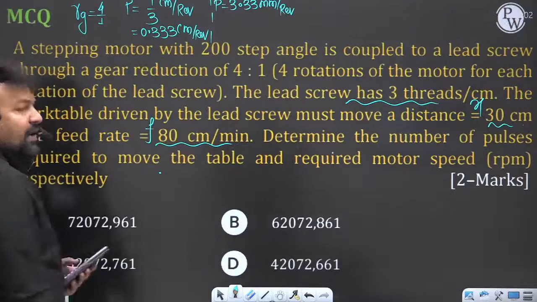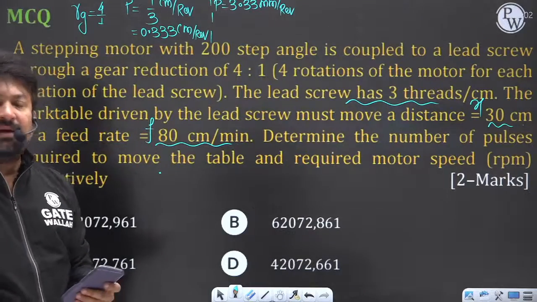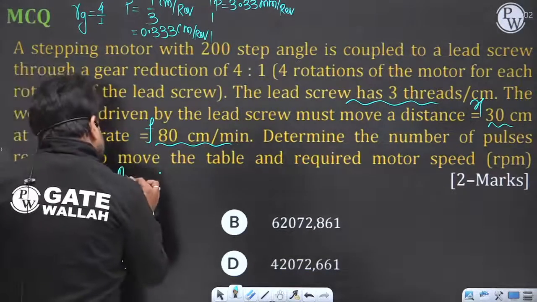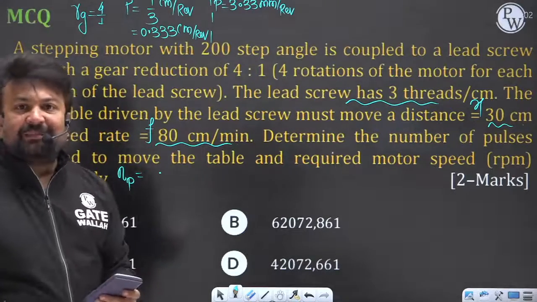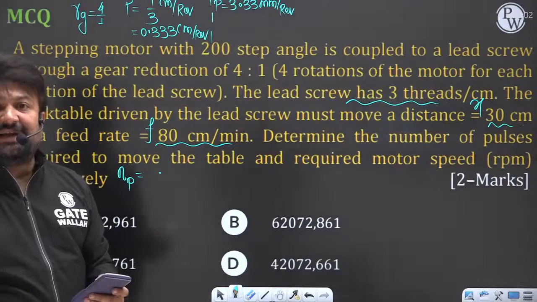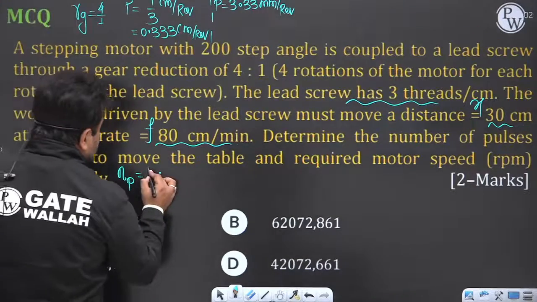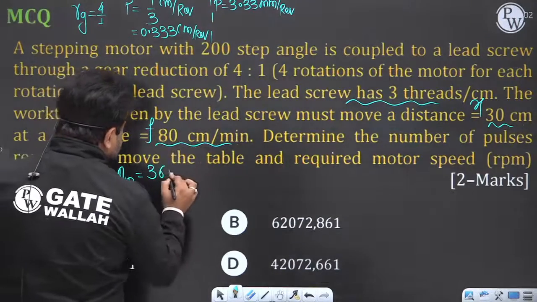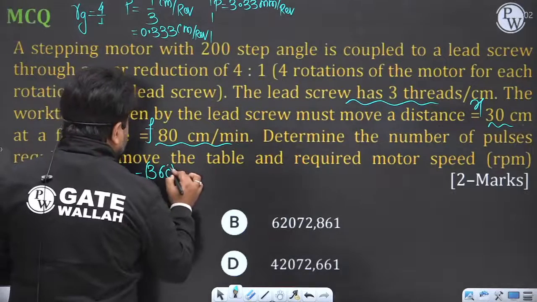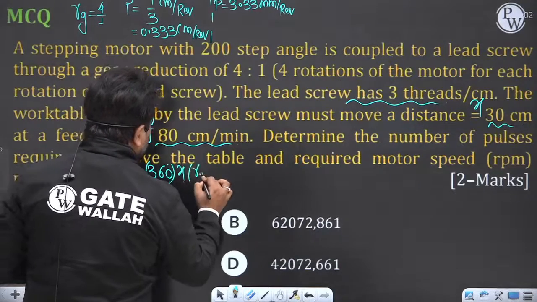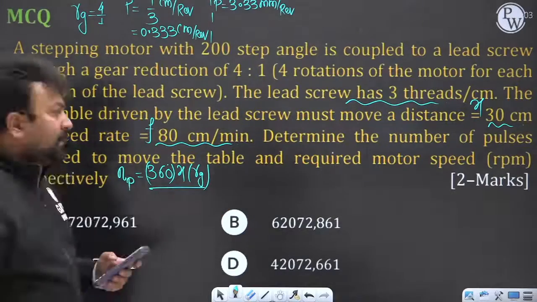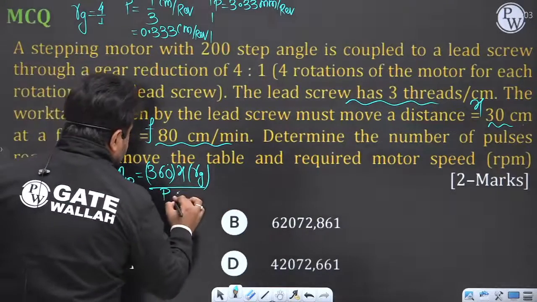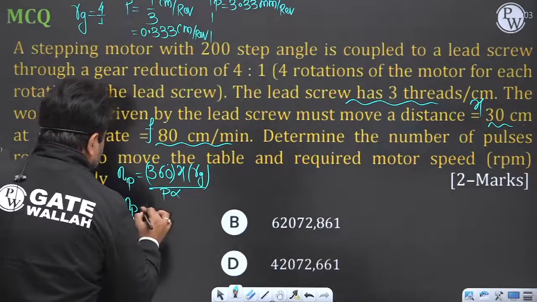So, my dear, you have to find out the number of pulses, right? So the required number of pulses NP, I gave you a formula, NP equal to 360 degree into X into RG divided by P into alpha.